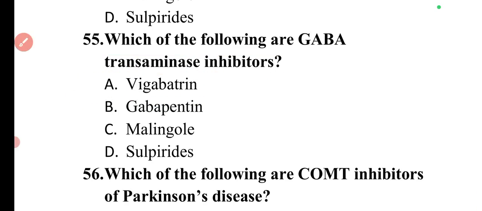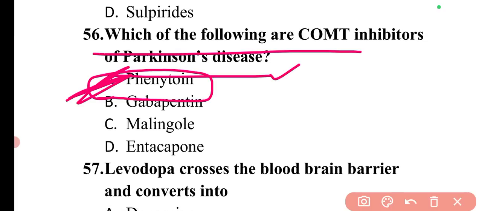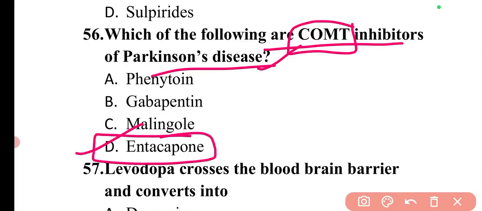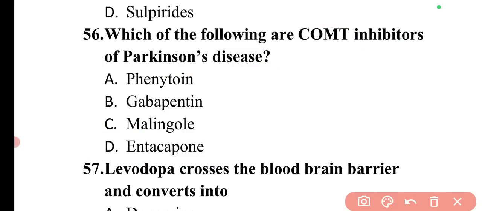Then another question is, which of the following are COMT inhibitors for Parkinson's disease? COMT is catechol-O-methyltransferase inhibitor. So these are the drugs used in Parkinsonism condition. So here the answer will be entacapone. So here option D is correct.